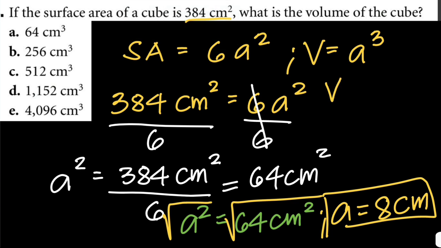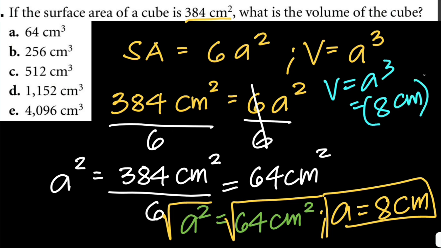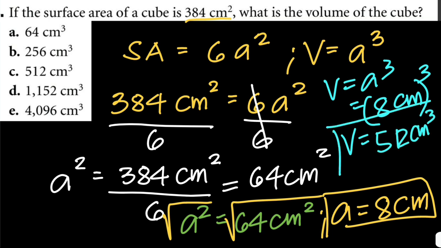So volume is equal to A cubed. Okay, we plug in the value of A, which is 8 centimeters, and we get the cube of that. Therefore, the volume is just equal to 512 cubic centimeters. So the answer here is letter C.